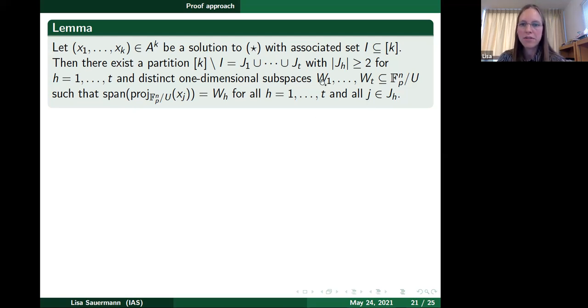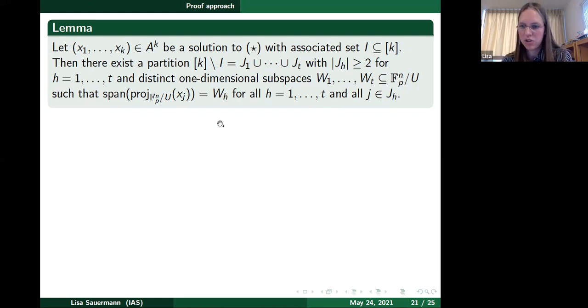So basically what these spaces W1 to Wt tell us is, if I take some index j in [k] without I, and I take this projection to the quotient space and its span, so that's now a one-dimensional subspace of this quotient space, this one-dimensional subspace is basically already determined by which of these sets J1 to Jt my little j lies in. So for each of these sets of the partition, I have some particular one-dimensional subspace, and then if I take j in Jh, then the subspace I get is exactly this Wh.